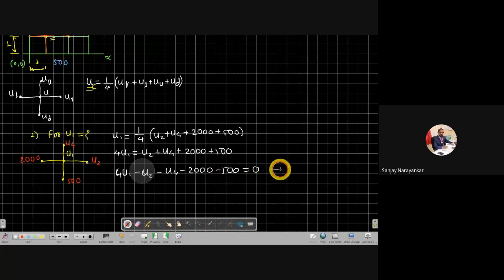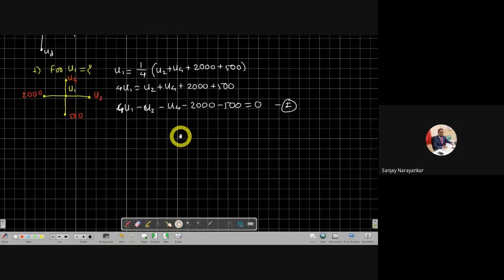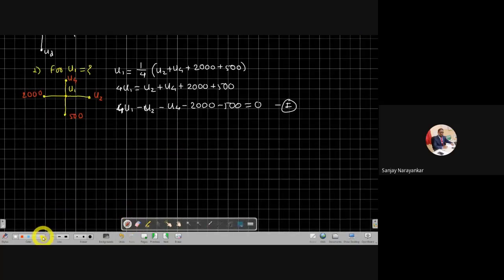Oh, it should be minus, sorry. So that is your equation number 1 from u1. Any difficulty, any questions, students, by this time? No, sir. Now we will write for u2.